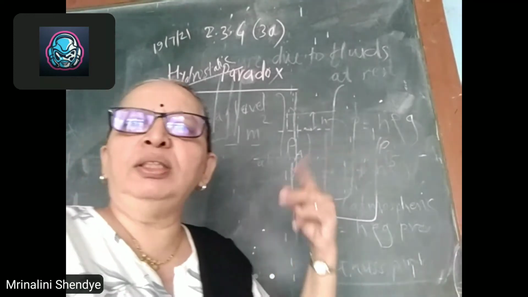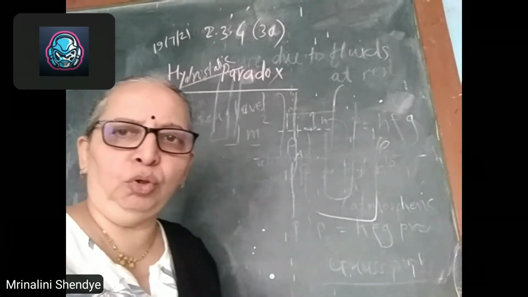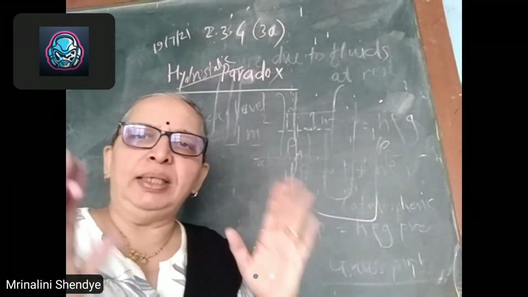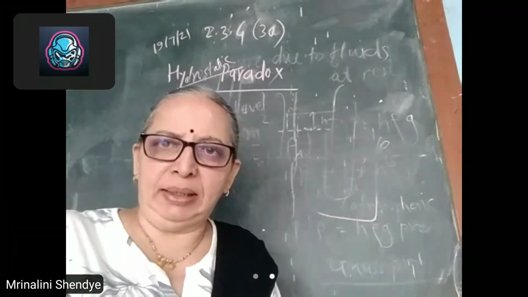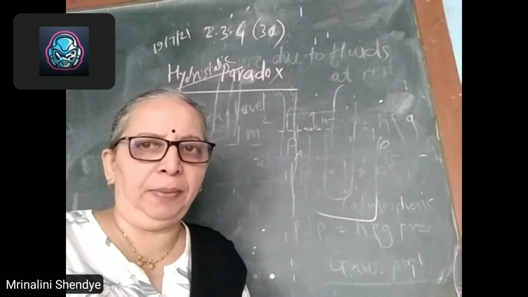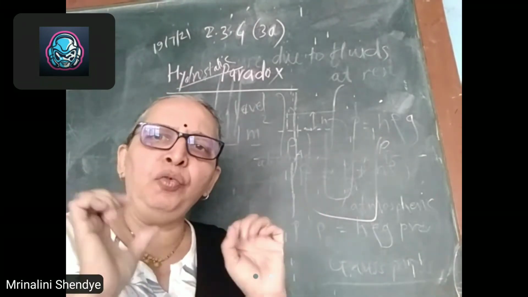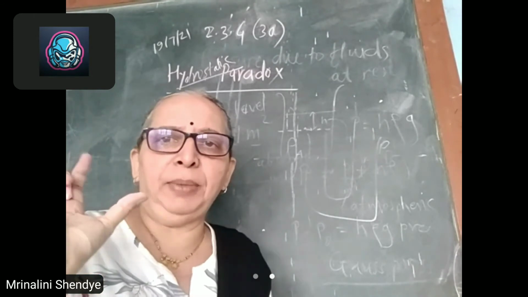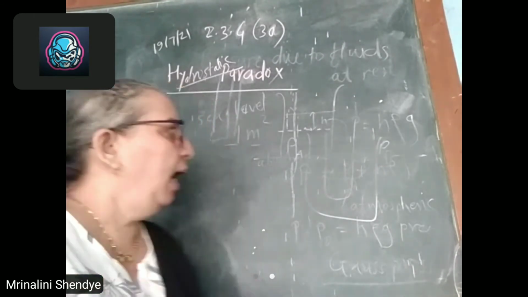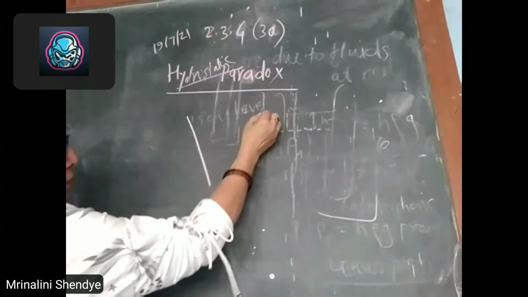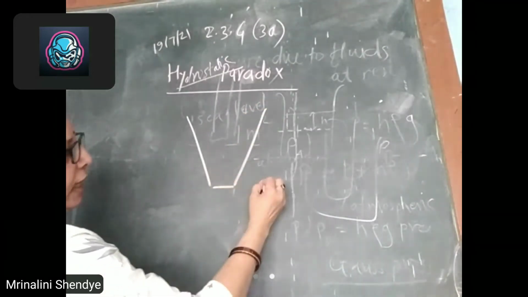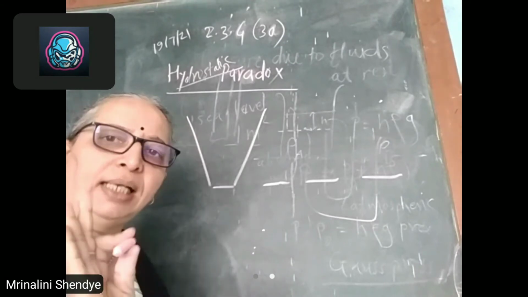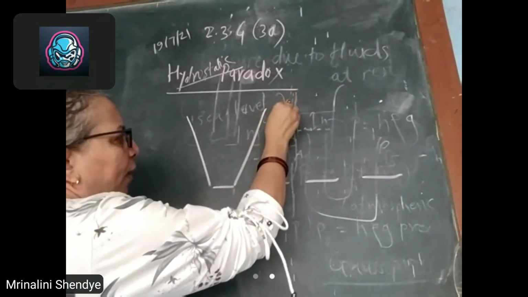So what is the hydrostatic paradox? You have a number of vessels. These vessels can have different capacities as well as different shapes. I will select a few vessels having the same base area. The base area of all of them should be the same, and they can have different shapes.